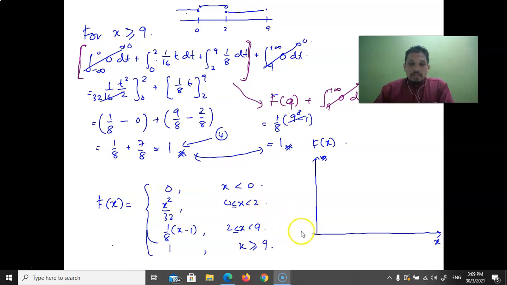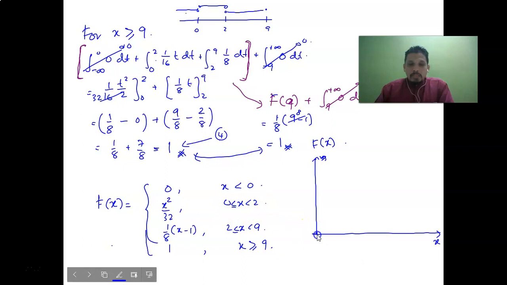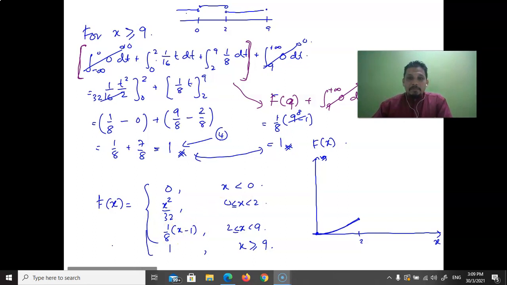The graph might be something like this. But then, with a domain of 0 until 2, meaning it's just something like that here, until 2. So from 0 until x equal to 2, this is a graph of x squared over 32. Then next is 1 over 8, x minus 1. This is linear, so you can sketch the graph of this on the other paper.